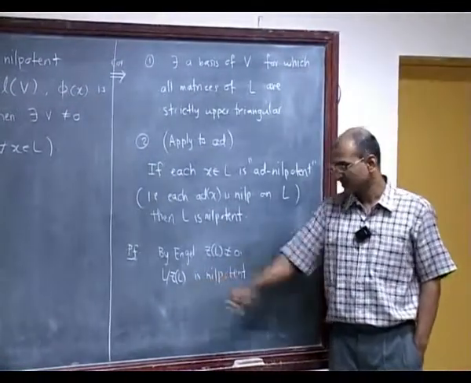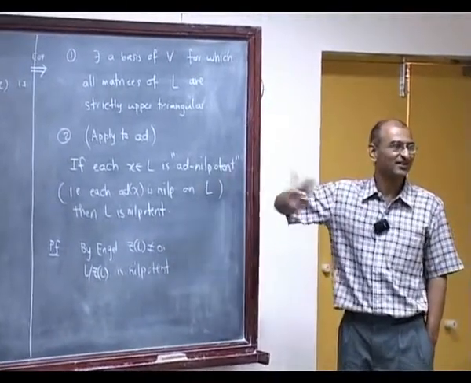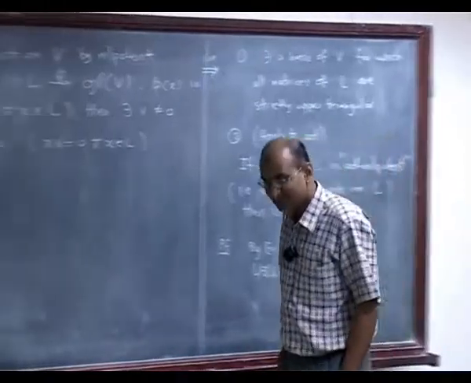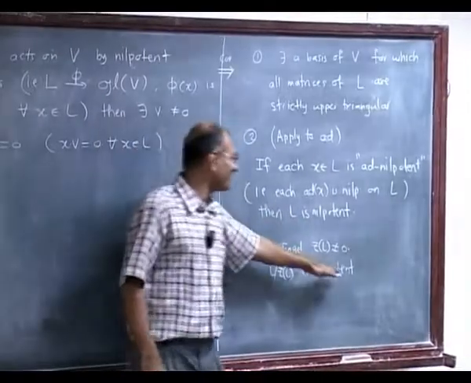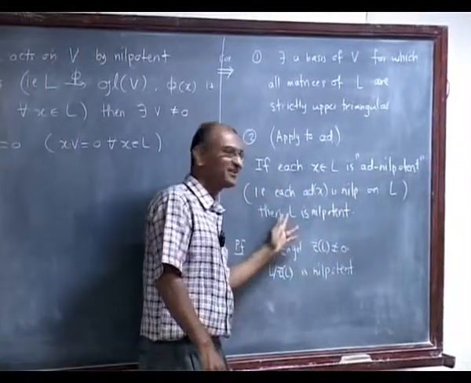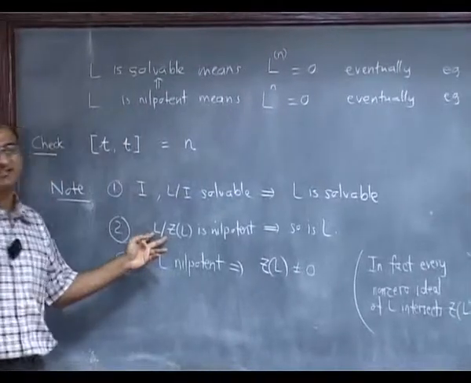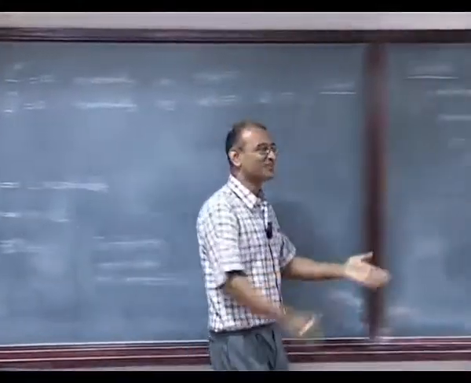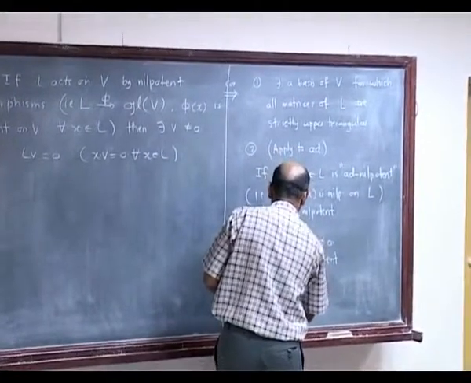I should start off my induction, but you see that in dimension 1 it's all right. So L mod Z of L is nilpotent. Instead of nilpotent, I get to say any property, but then it has to connect up. I have to deduce that property for L, and that is where my little observation comes in: if L mod Z of L is nilpotent, then L is nilpotent. So I can complete the induction. Therefore, L is nilpotent.